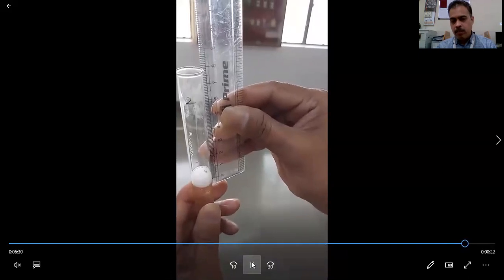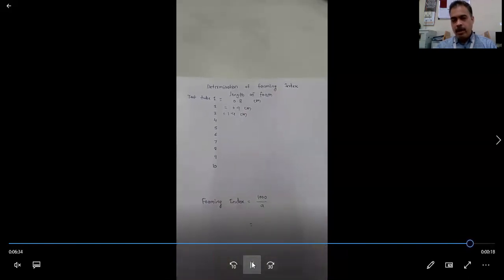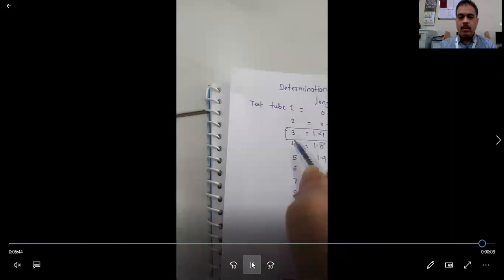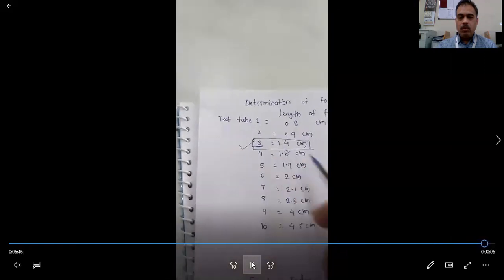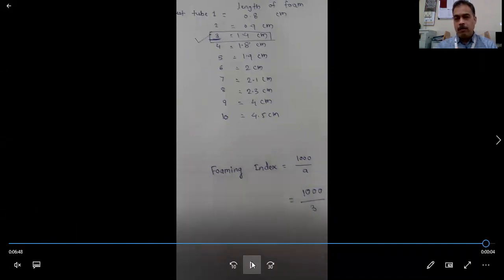In the first test tube, we can see 0.8. In the second test tube, we can see 0.9, and so on, 1.4, and the last test tube shows 4.5 centimeters. So what we have to determine here is that whichever test tube is showing more than 1 centimeter of foam, we have to consider.